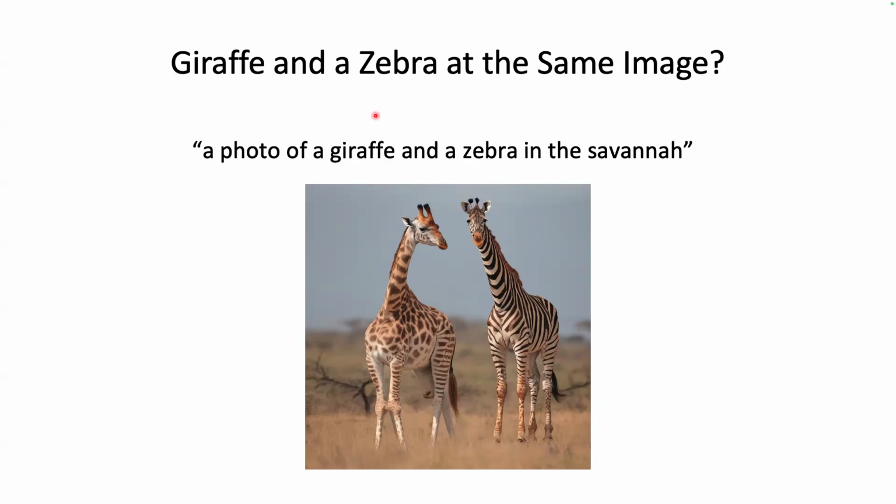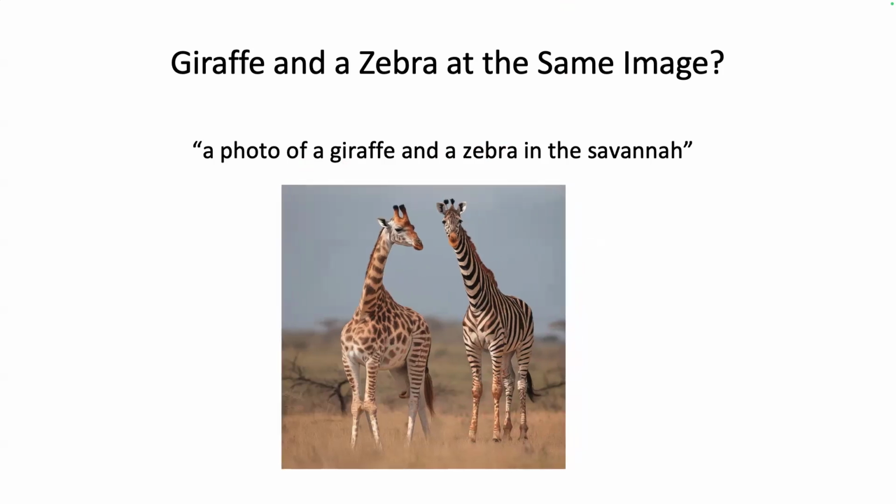We wanted to have a giraffe and a zebra, but we got two animals with the structure of the giraffe. One of them has these stripes of the zebra, and one of them has the appearance of the giraffe. If you look closely, you can see that this part of the legs here looks like a giraffe, and the other parts of this animal look like a zebra. So we really got a mix between a giraffe and a zebra.